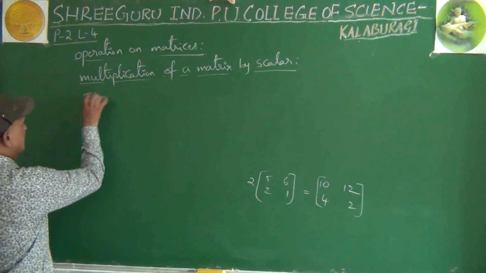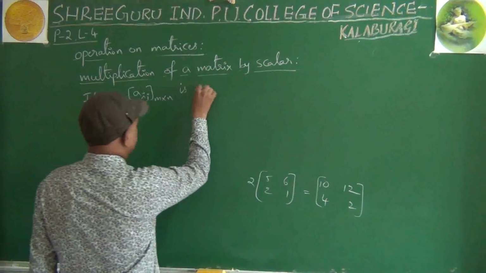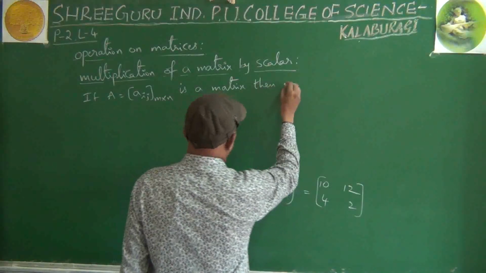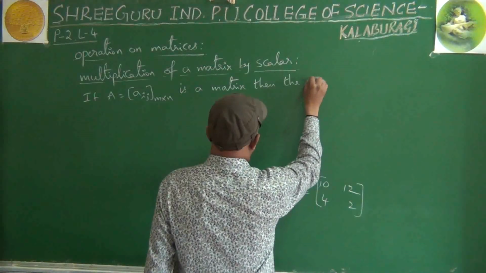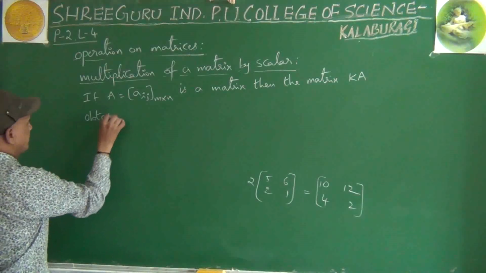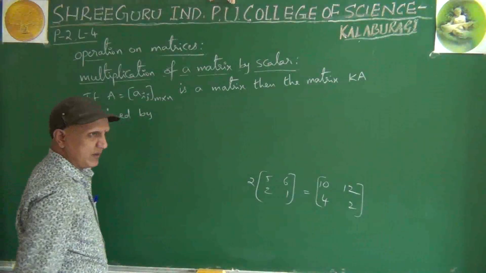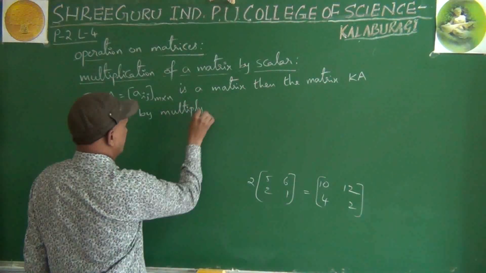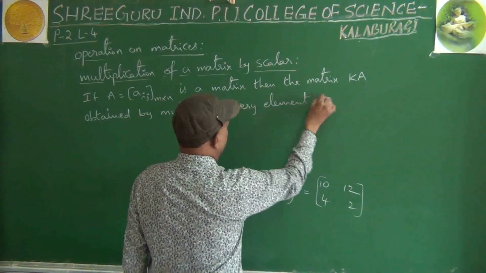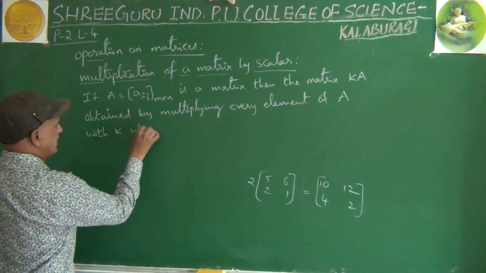The definition is, if capital A equals Aij, m by n order, is a matrix, then the matrix KA is obtained by multiplying every element of A with K, where K is a scalar.